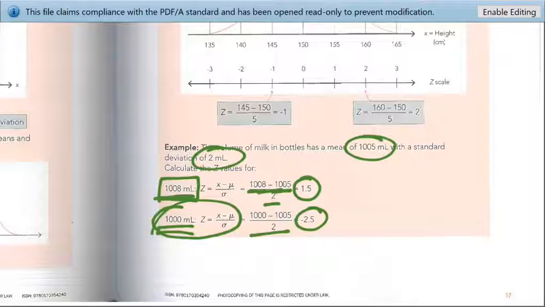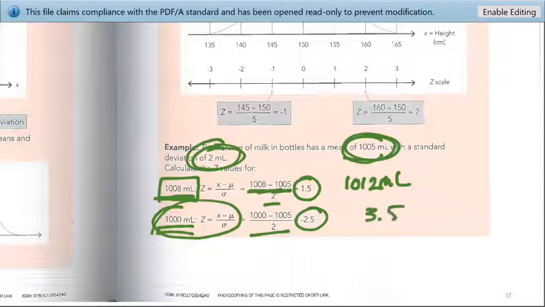So here you go. Got your calculators out, guys? Find me the Z-score for this, using this and this, for 1,012 milliliters. Go. Okay. Again. Right? Who's got an answer for me? 3.5?